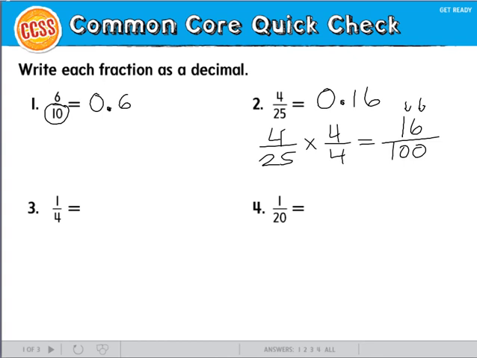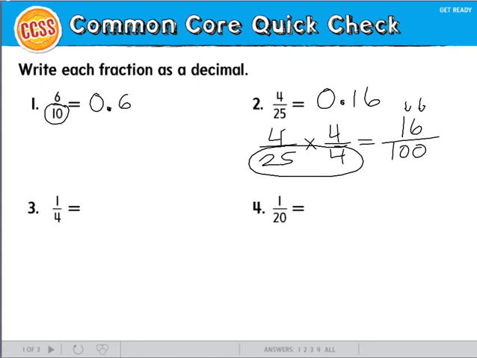Number 3, 1/4. How am I going to change 1/4? Multiply by 25. Look, we just did it right here.